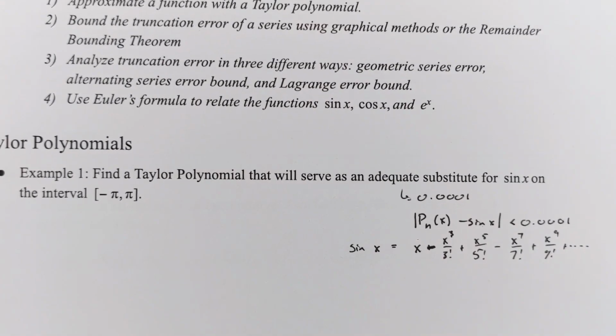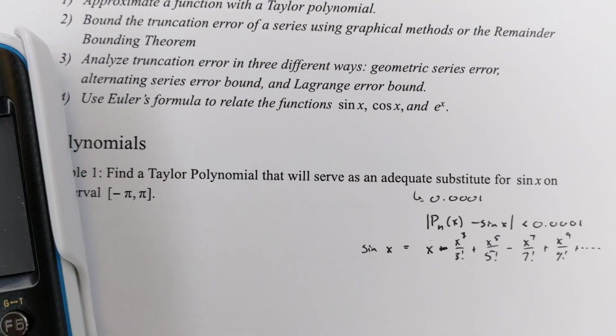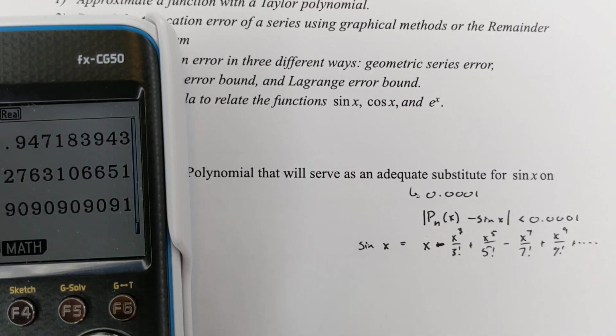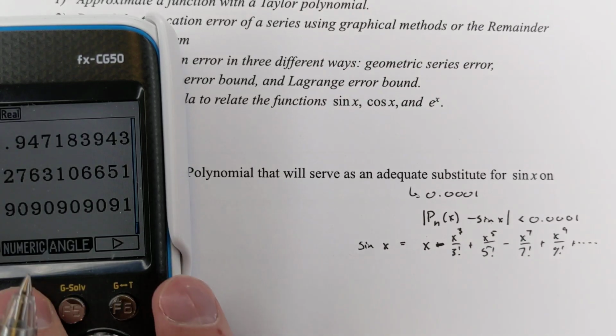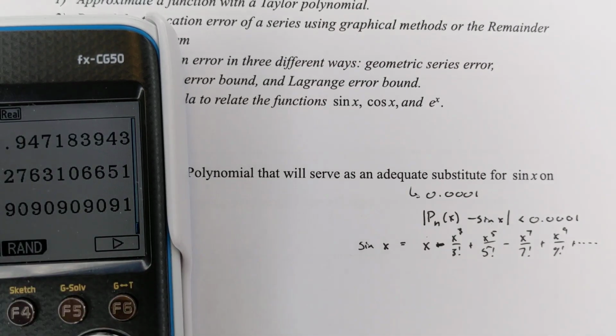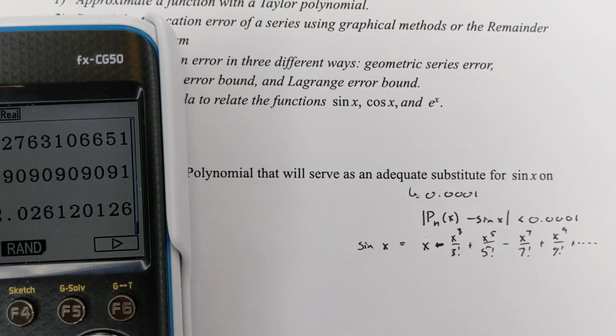So, for example, we can't just use the first term because then it's just pi. So let's try the second term. So that gives us pi minus pi cubed divided by 3 factorial, which is negative, which is 2 something.